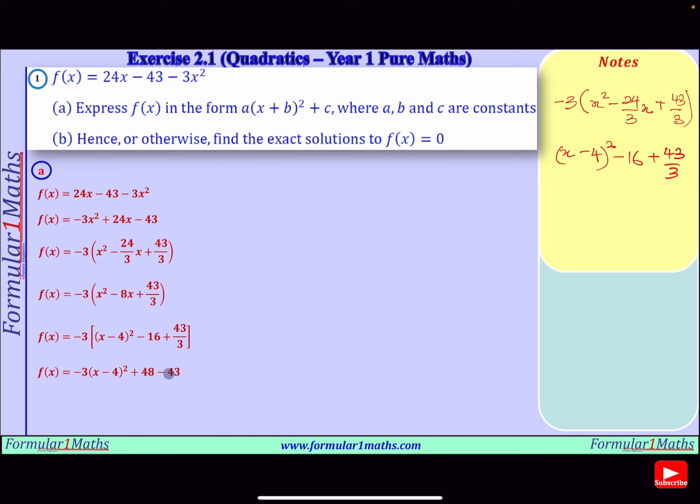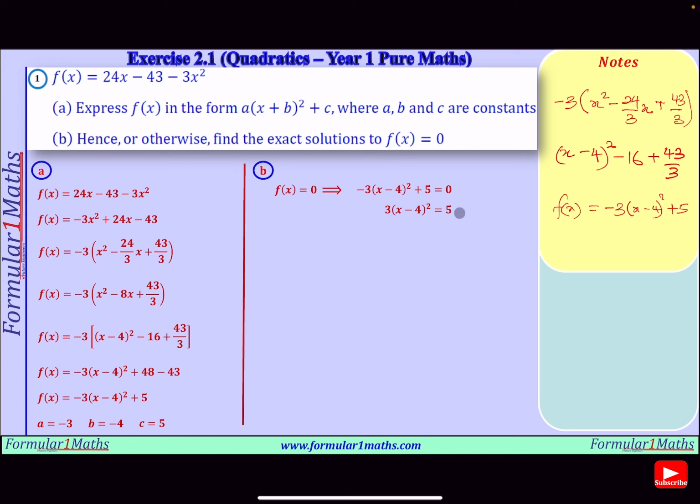So we equate it to 0 as it's given here, and we're going to get this. Then I'll take this whole term to that side of the equation to make it positive, and so I get this. Then because I want x, I need to take 3 to the other side, and that will divide, and so I'll get x minus 4 all squared is equal to 5 over 3.